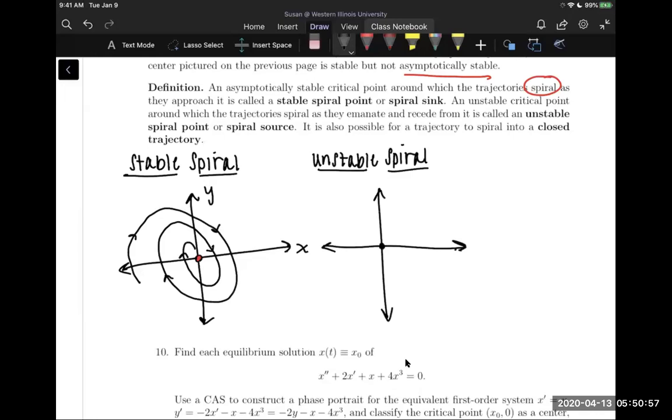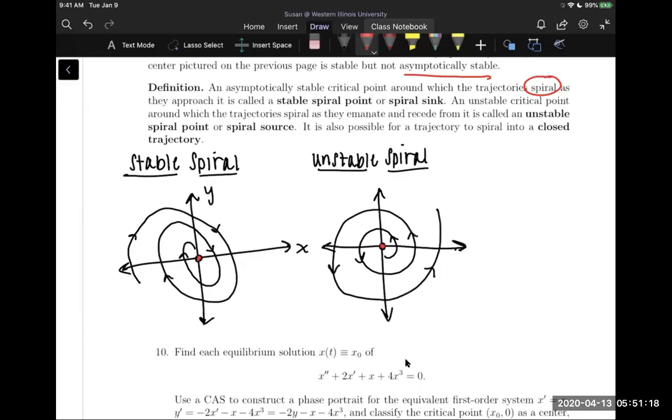And we'll keep our critical point in the middle. This one I'll draw a little bit more circular. And now we want to be moving away from our critical point, so we're spiraling outward. All right, so two different types of spiral.